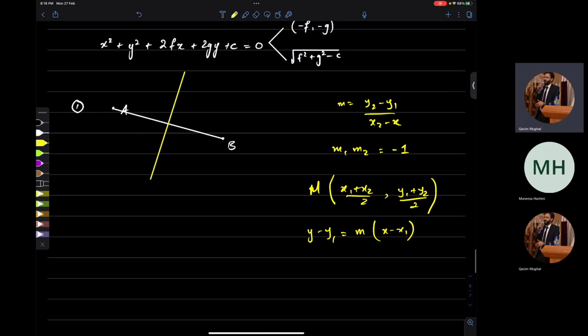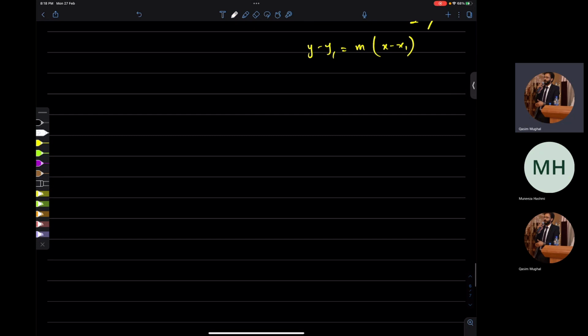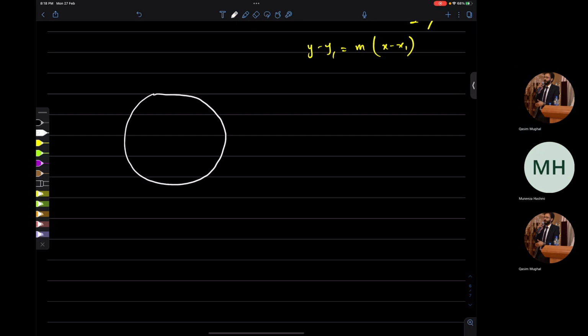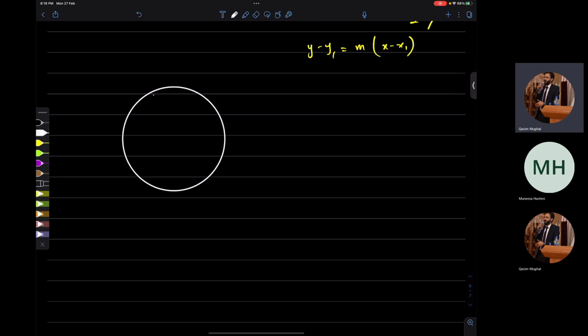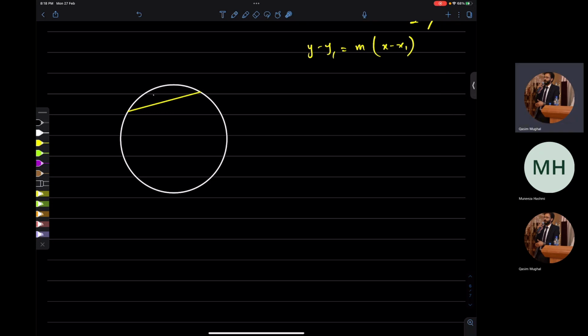Yes, sir. Okay. Now, another thing which we also studied in our previous classes is a chord. A chord is a straight line inside a circle which starts at the circumference and ends at the circumference. But unlike a diameter, it does not pass through the center.